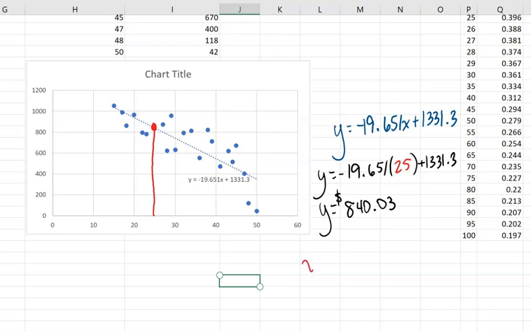So for x equals 70, we're not going to plug it in. We're just going to say that that's not meaningful. And that's all you have to do for that one. So again, only plug it in if your x value is within the x values that you already have.